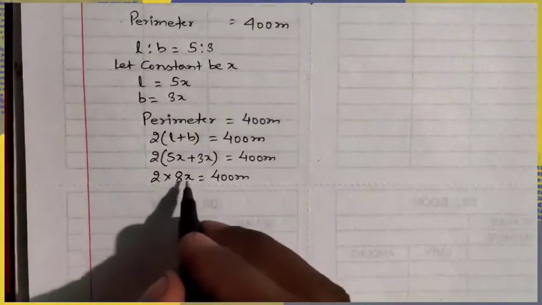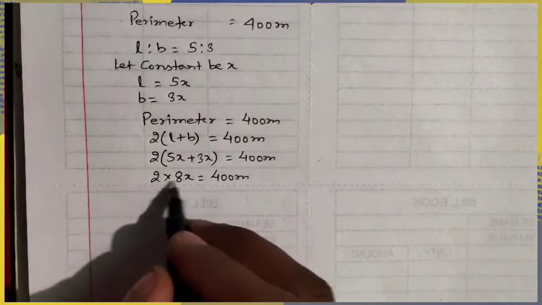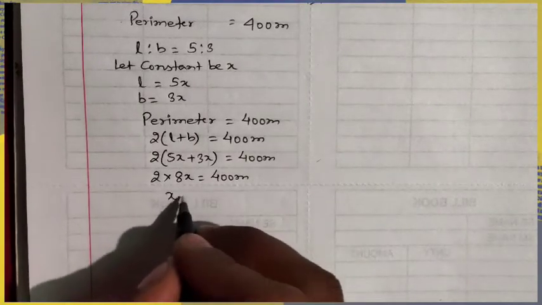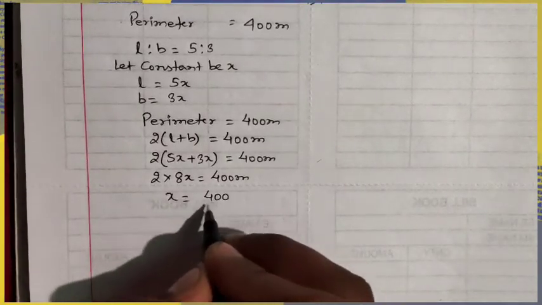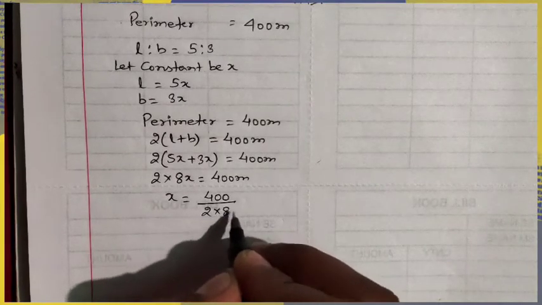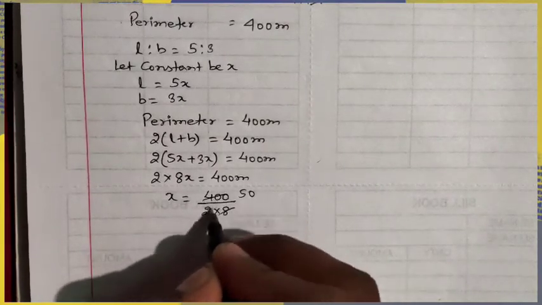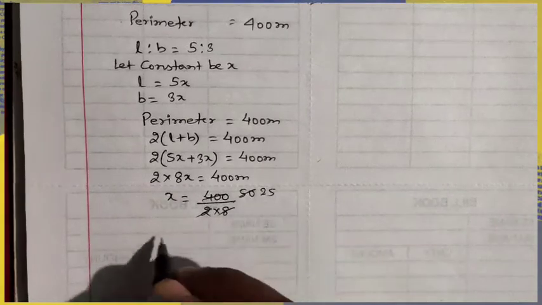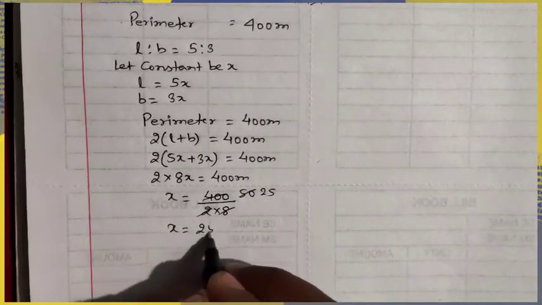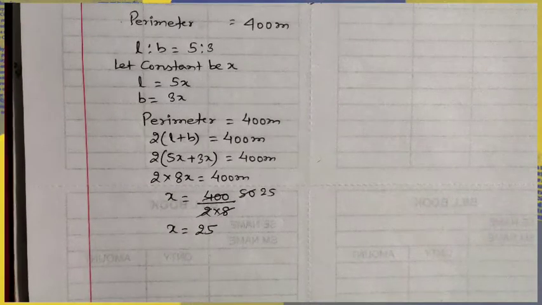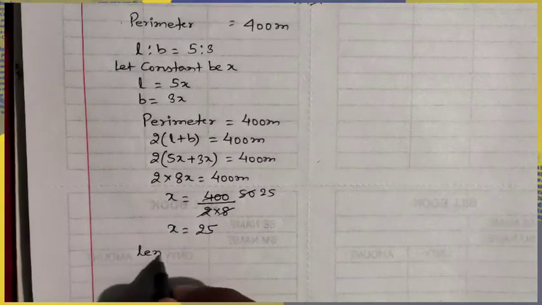Now we have to calculate the value of x. We will send 8 and 2 to RHS. x is equal to 400 divided by 2 into 8, 8 5s are 40, 0, so 25. It means we have got the value of x is 25. Now we will calculate the value of length.